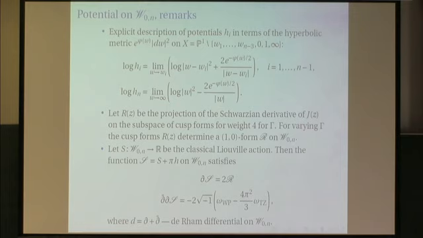There is an interplay between holomorphic Eisenstein series and cusp forms. This interplay is exactly captured by this. So if you project the Liouville action, you get cusp forms, but some of the cusp forms will be missing. This extra term gives you the precise projection of S onto the subspace of cusp forms.